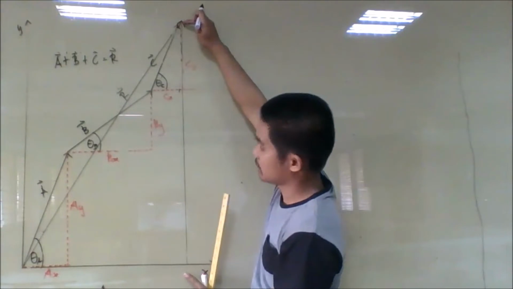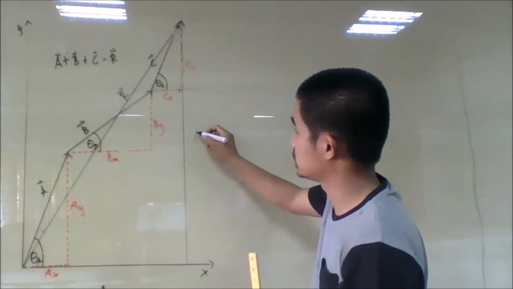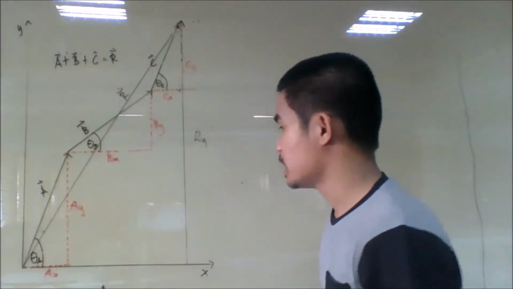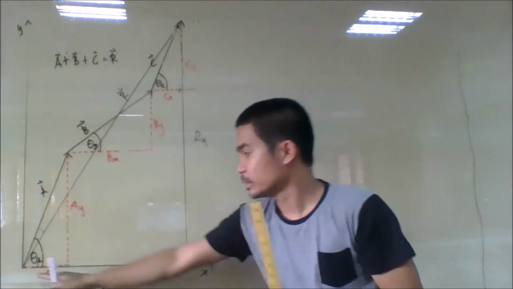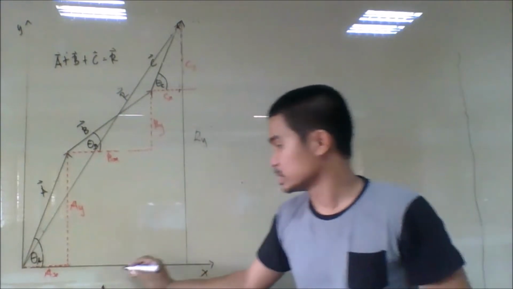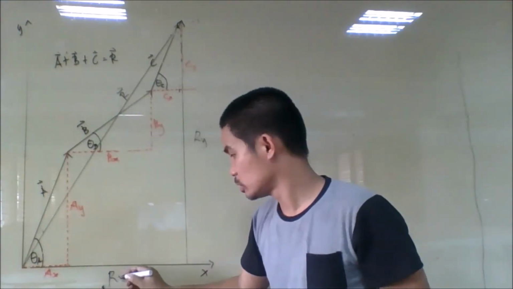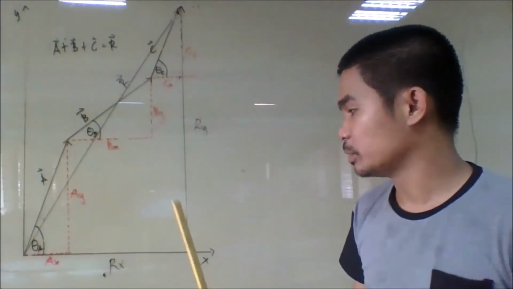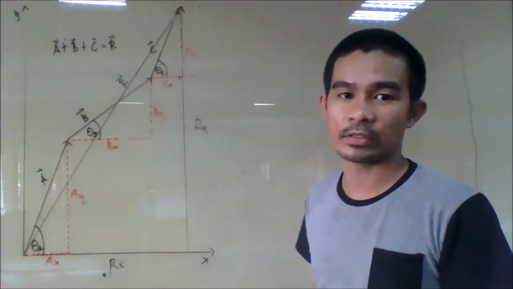The length of this line represents the y component, or R of y. And the length of this line from the origin to this point represents R of x. Okay, so it means this is the x component of the sum of these three vectors.